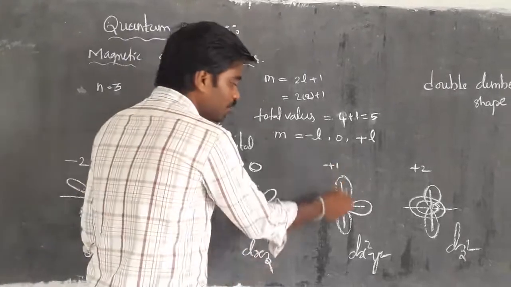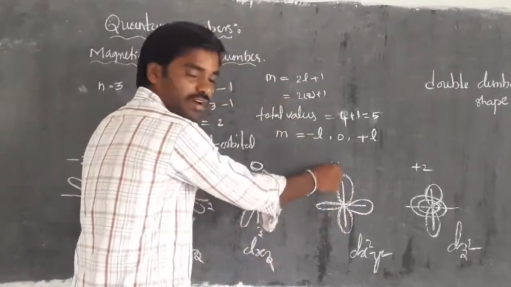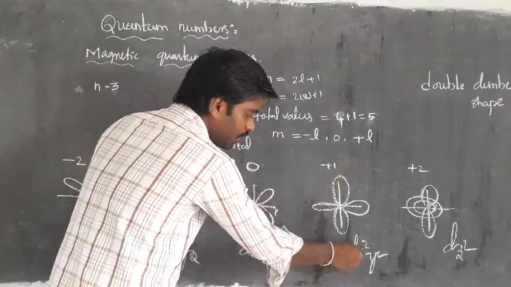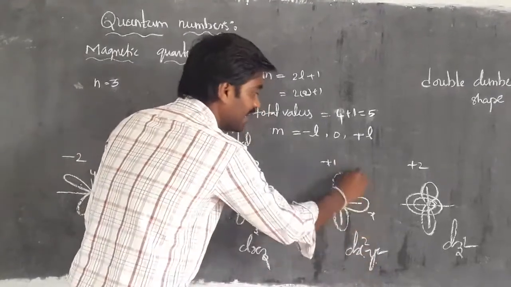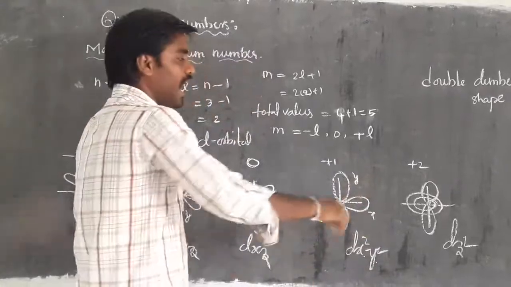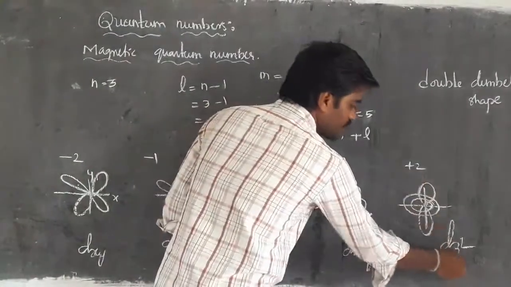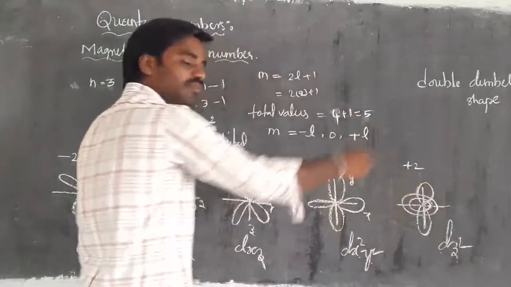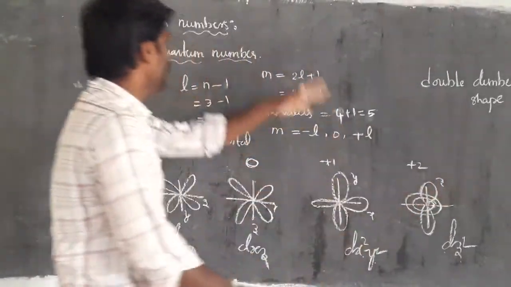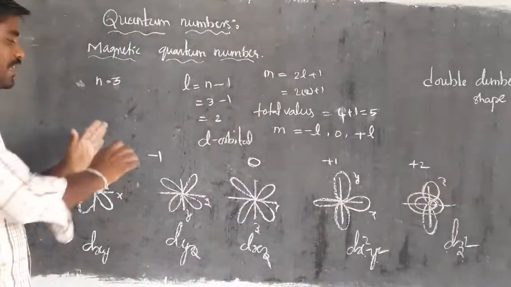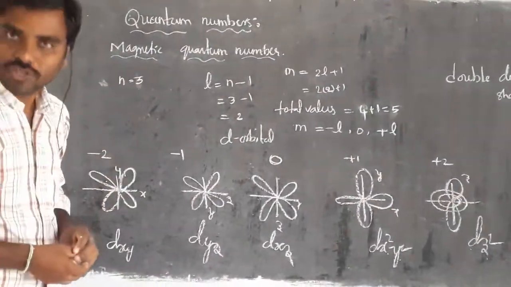But for m value plus 1, that orbital is x square minus y square, present exactly on the axes. And the plus 2 value is dz square, which has a different identity on the z axis. So these are the orientations for each and every orbital.